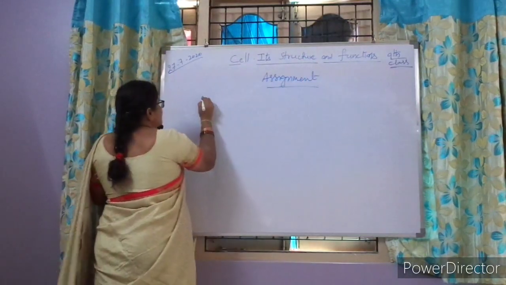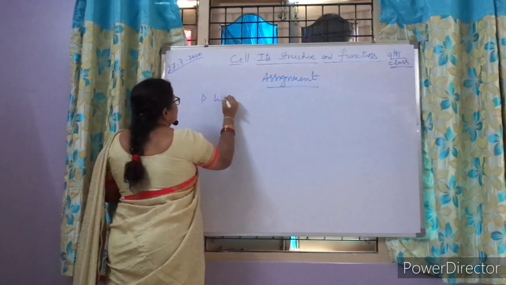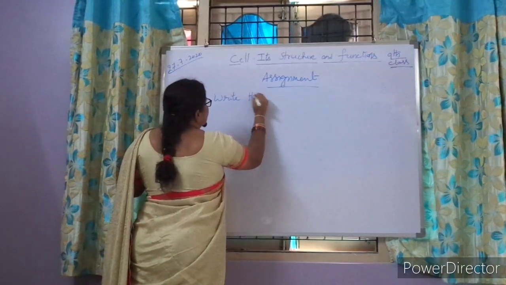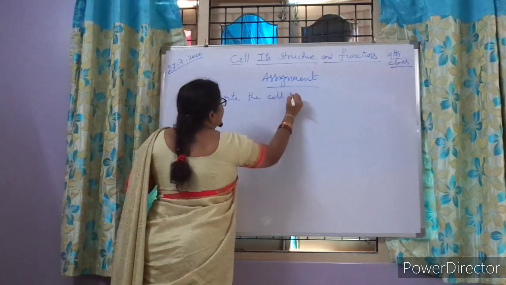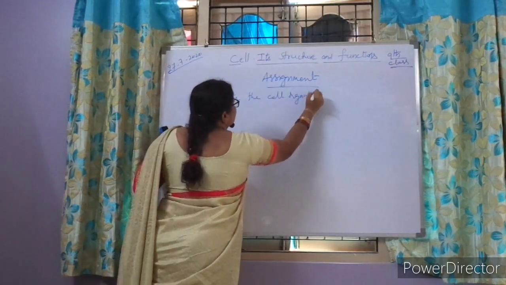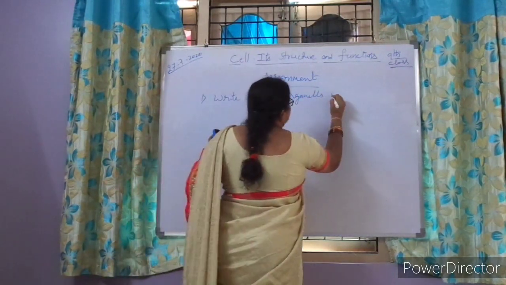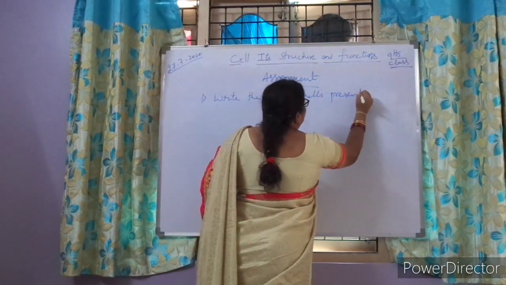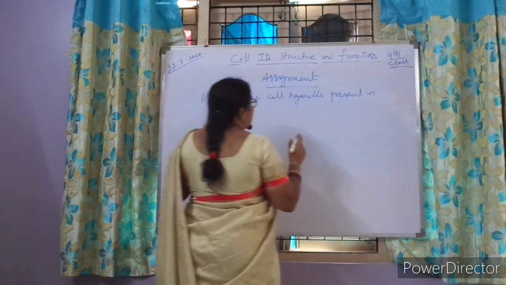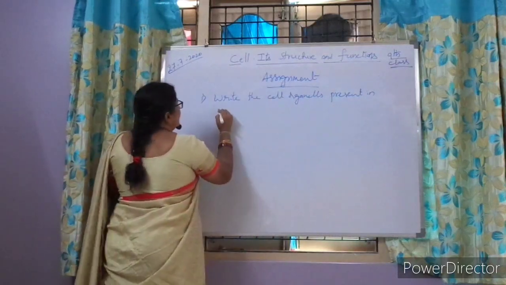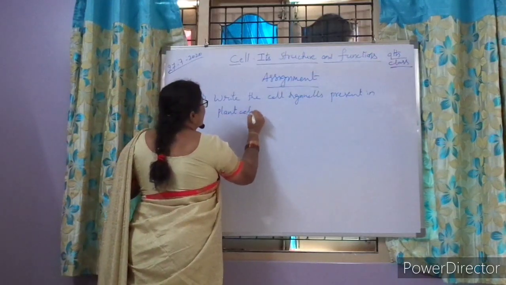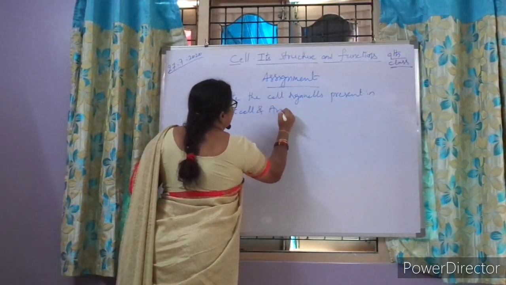Assignment. First question: write the cell organelles present in the plant cell and animal cell.